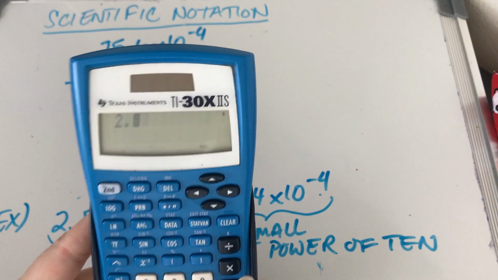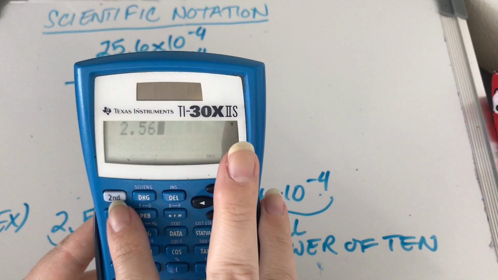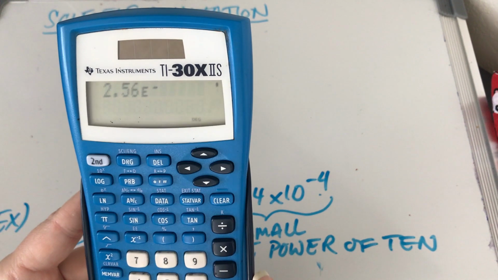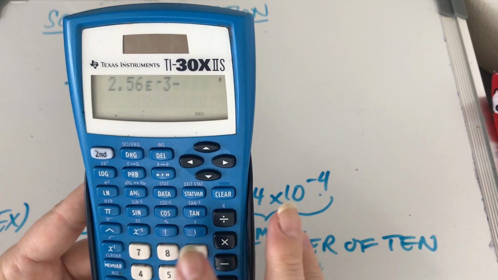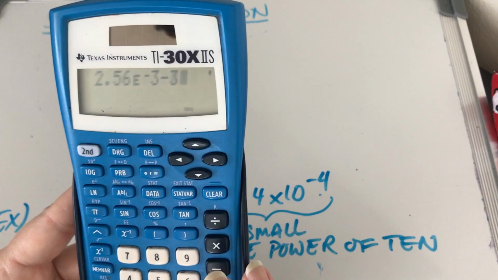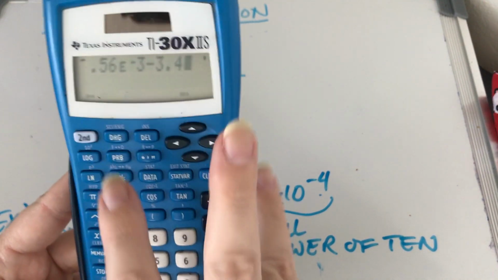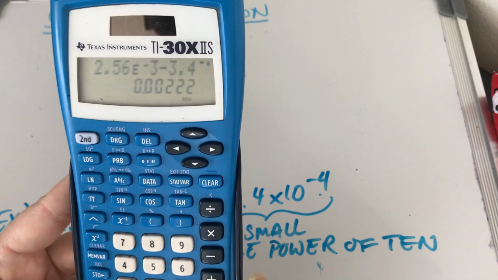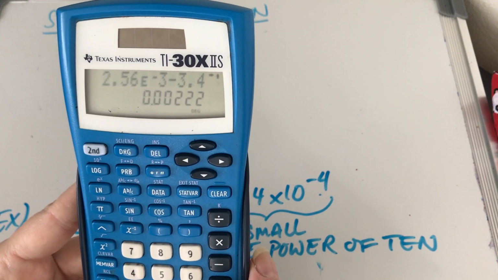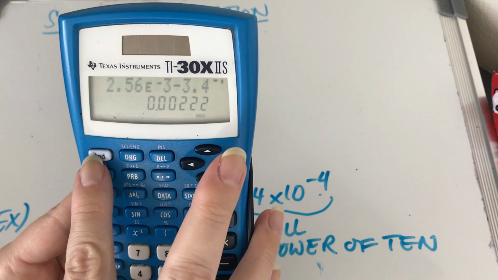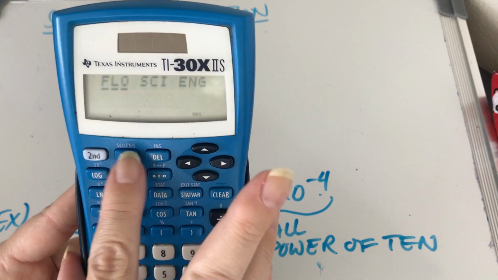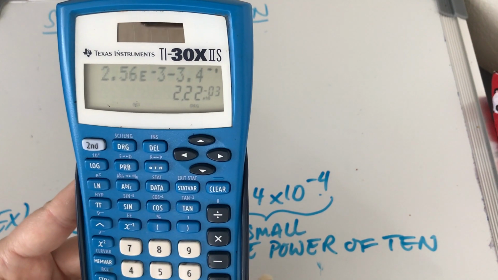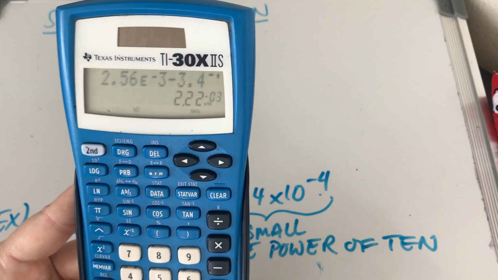So I've got 2.56 secondary function EE negative 3 minus 3.4 secondary function EE negative 4. Huzzah! If I want to put that into scientific notation, second, sci, enter, and there we go. We did it.